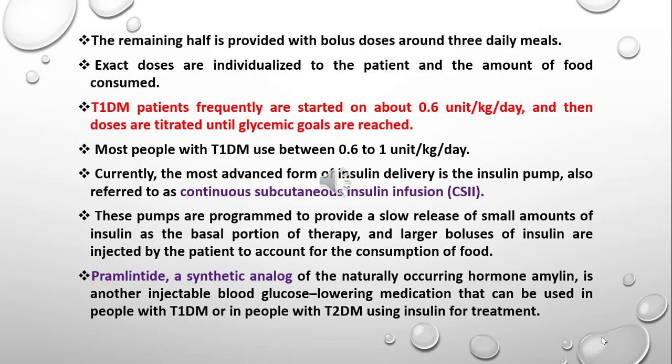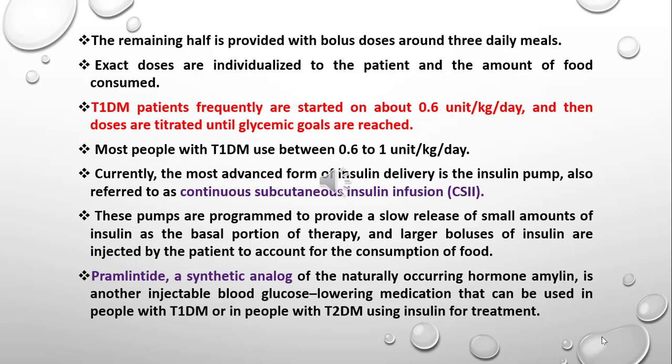Now what is the bolus dose? Bolus dose is that insulin that is given subcutaneously to the patient before having a meal. And the basal insulins are those that are given after the food is consumed. Exact doses are individualized to the patient and the amount of food consumed.